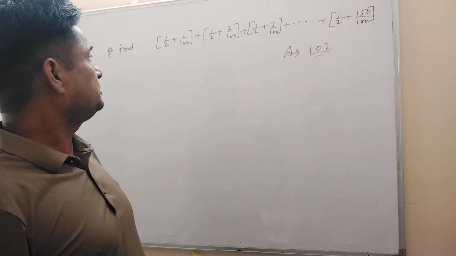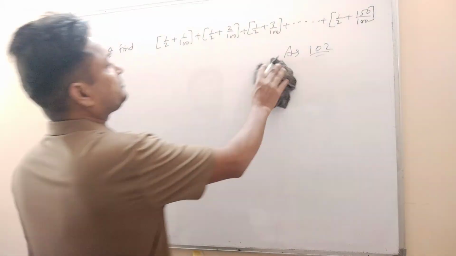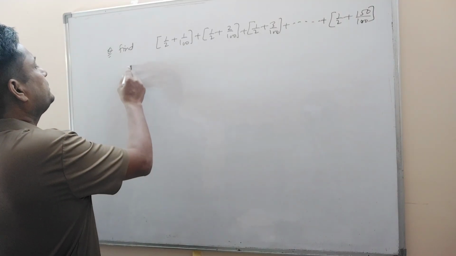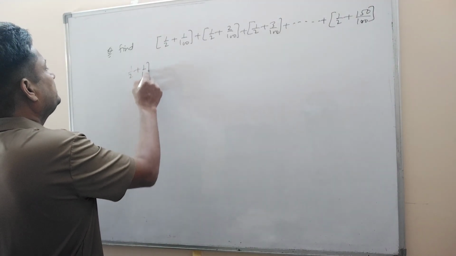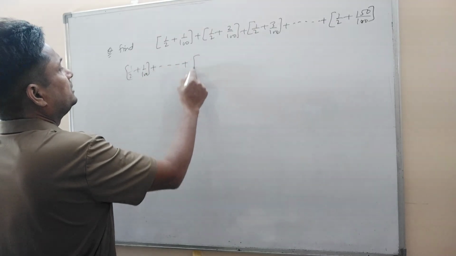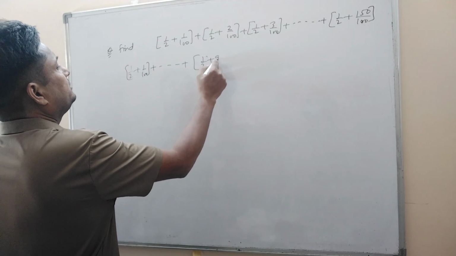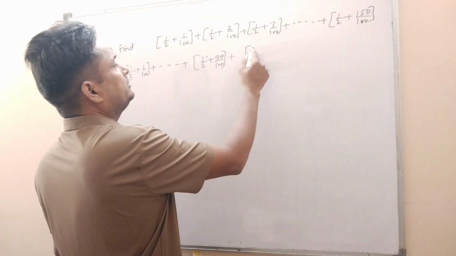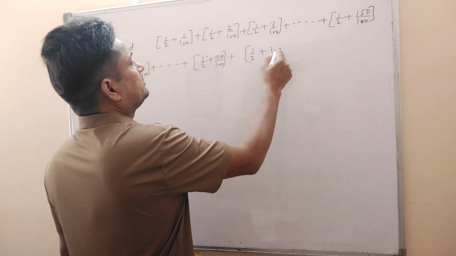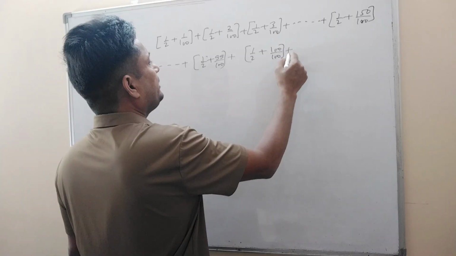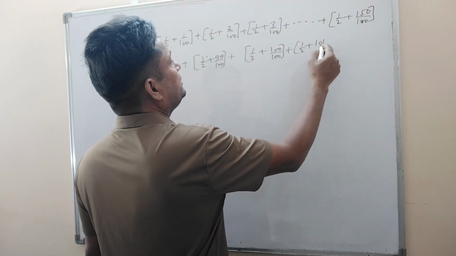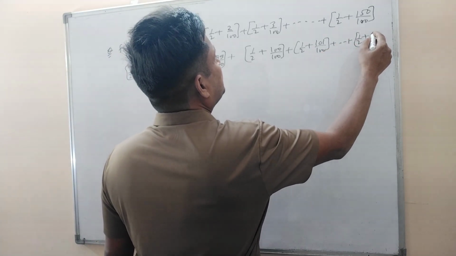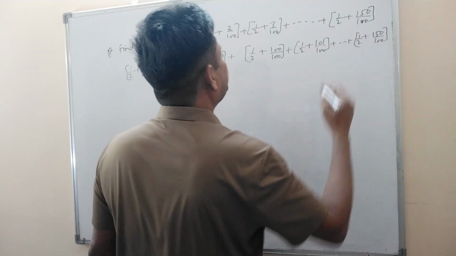Now to solve this question, you can use here this one, 1 by 2 plus 1 by 100 plus up to 1 by 2 plus 99 by 100. And next one will be 1 by 2 plus 100 by 100 plus 1 by 2 plus 101 by 100 plus dot dot dot up to 1 by 2 plus 150 by 100.